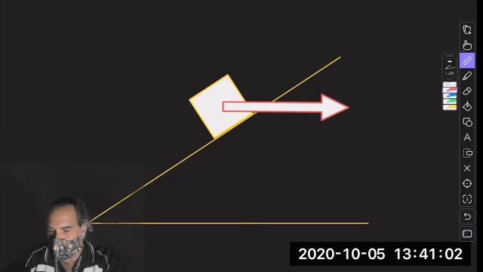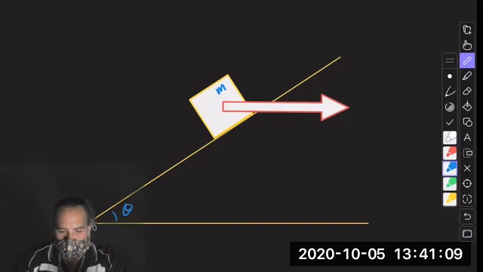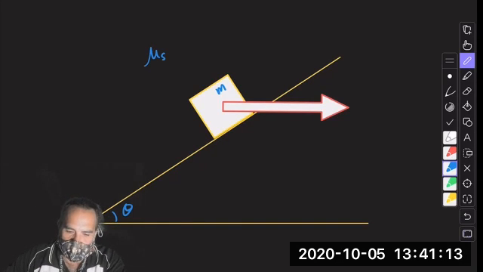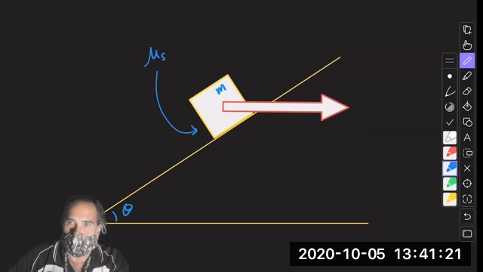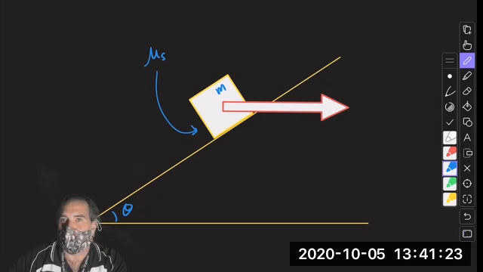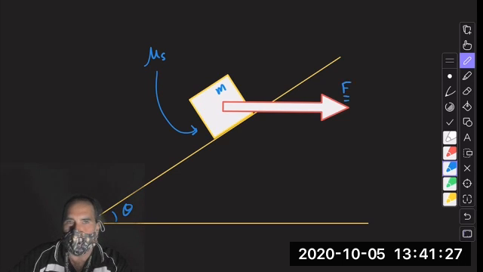The box has a mass M. The angle of the ramp is theta. There's a coefficient of static friction of mu s between the box and the surface. So this is the exact same question from Friday. What's the minimum and maximum force necessary to hold the box in place?